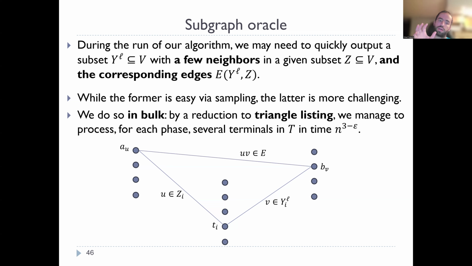Now, each such triangle corresponds to an edge in that instance, and so since we know that the total number of edges should be small, just listing the triangles can give us the corresponding edges.